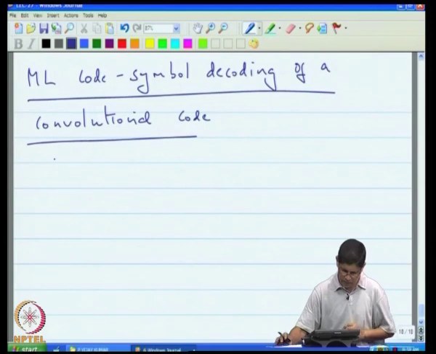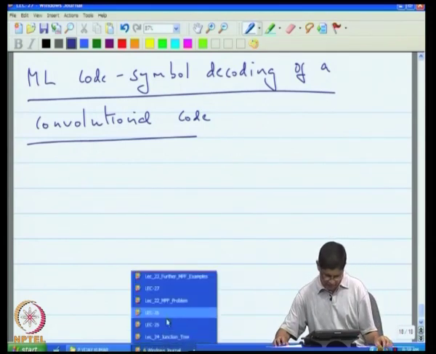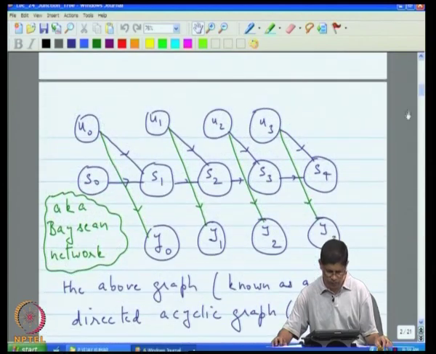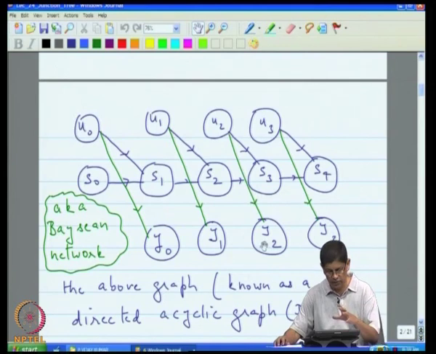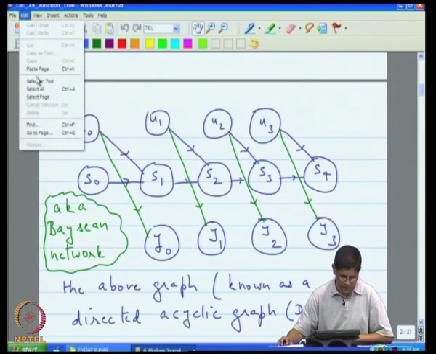I should clarify that we will do this by example, and the example will be the same one that we considered earlier, namely this convolutional code. What do I mean by this? Well, it is sufficiently general, except that just to keep things manageable, I have restricted my attention to 4 message symbols here, a short length convolutional code. So, we will restrict attention to this.